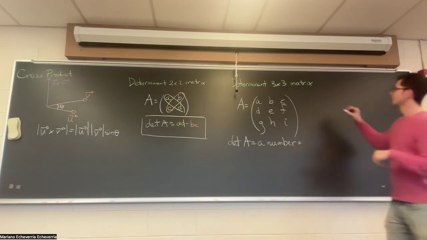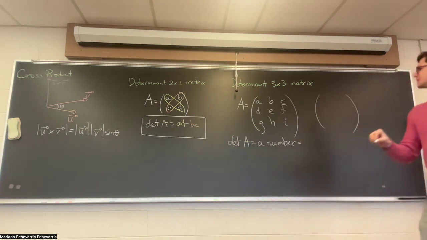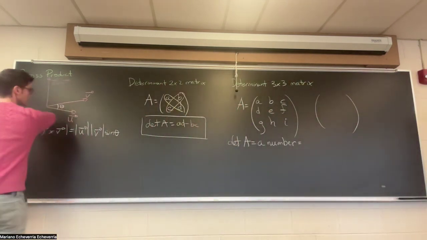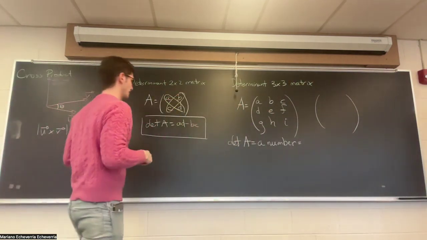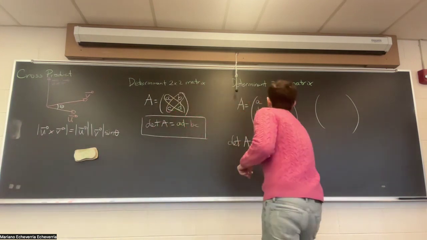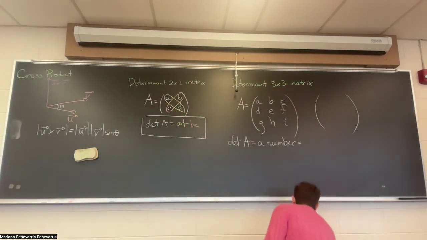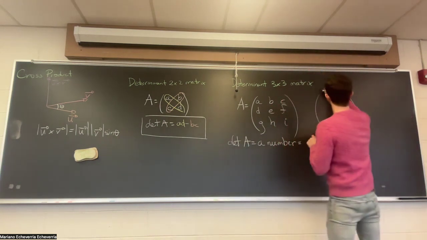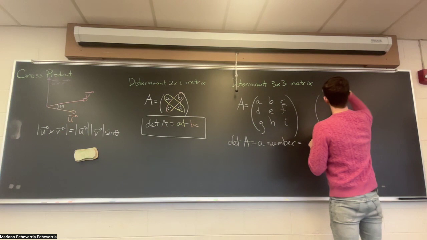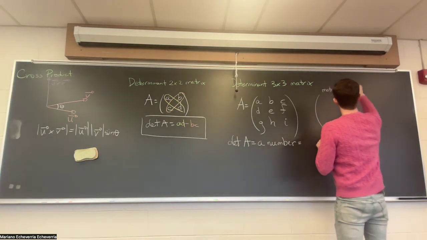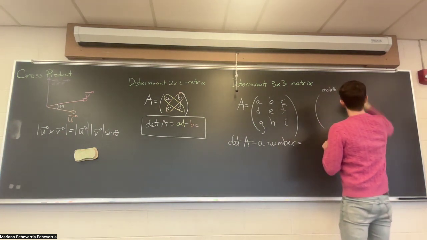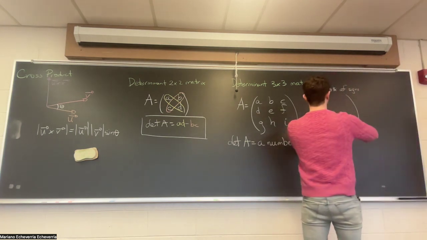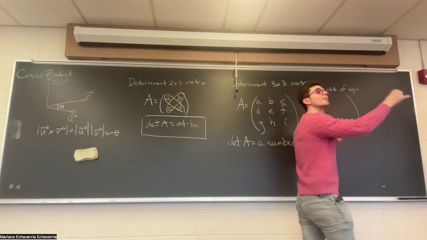If you have the 3 by 3 matrix, actually, I'll draw it. When you have a 3 by 3 matrix, you can create a matrix of signs, if you like. It just means that you'll have a matrix of pluses and minuses.